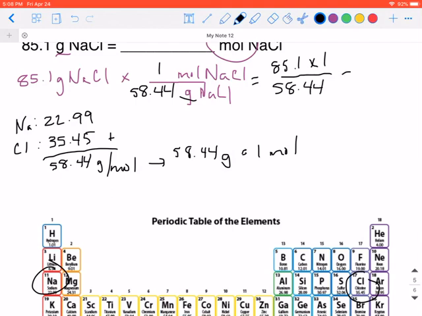When I put this in the calculator, I got 1.46. So that would be our final answer.